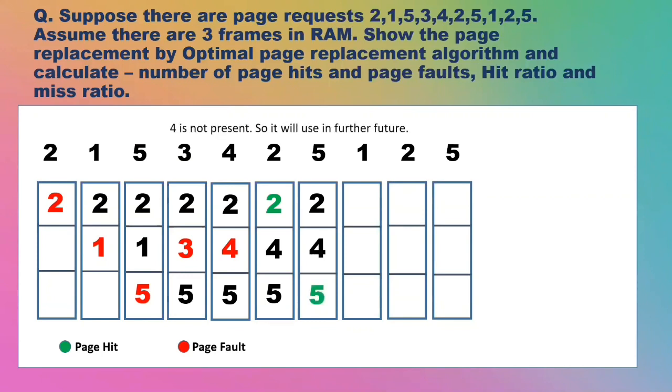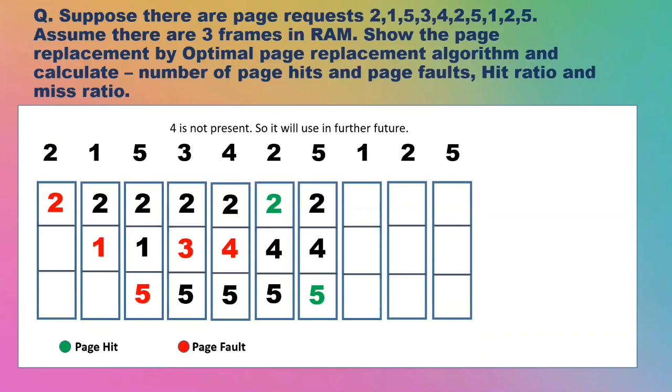Now 1. So 1 is not present inside RAM, so that is a page fault. And between 2, 4 and 5, we can see that page requests 2 and 5 are available in the future, but 4 is not present here. Page request 4 will not occur, so we can assume that it will be used in the further future.